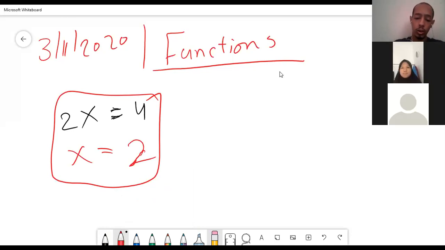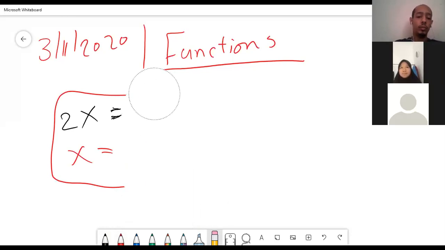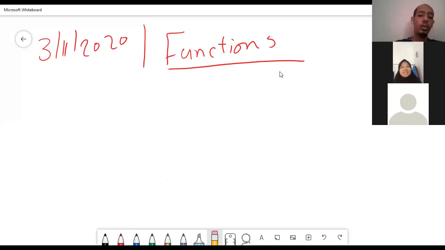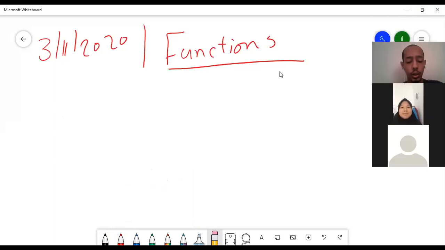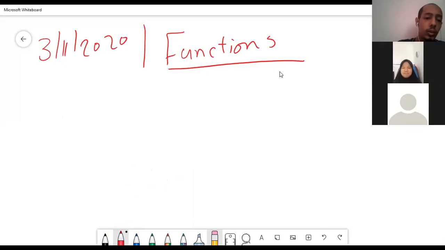But what is a function? What is a function? Okay. To know what is a function, there is something called a function machine.